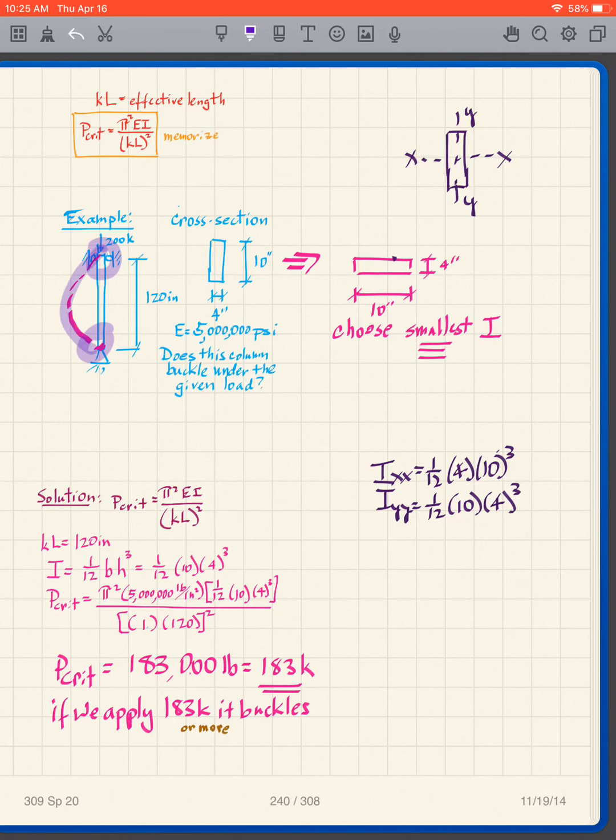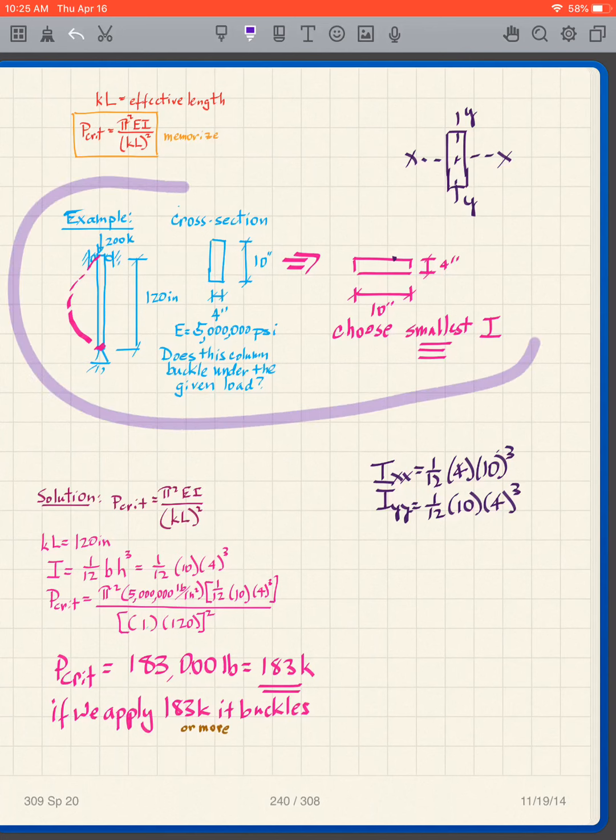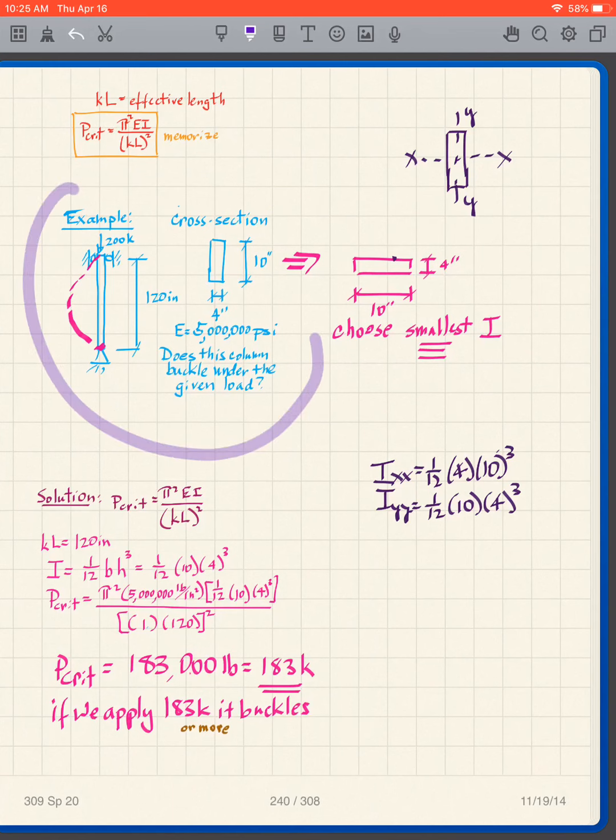And therefore we get this half a sine curve over that entire length, and the length is 120 inches. This is all the given information right there.